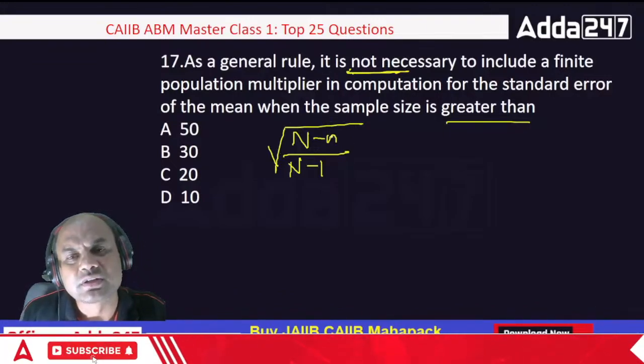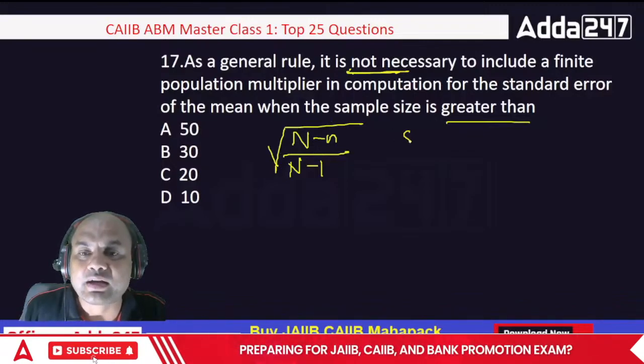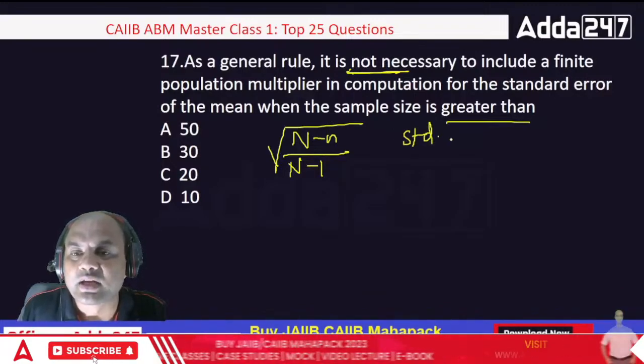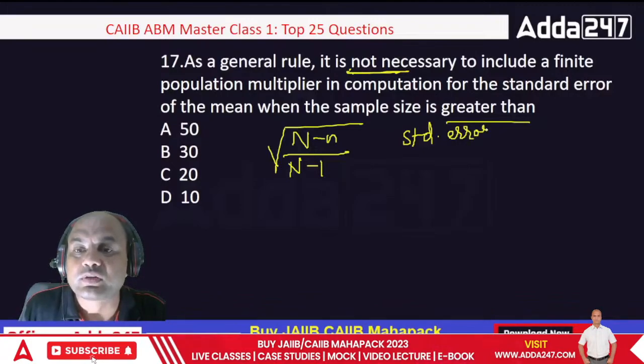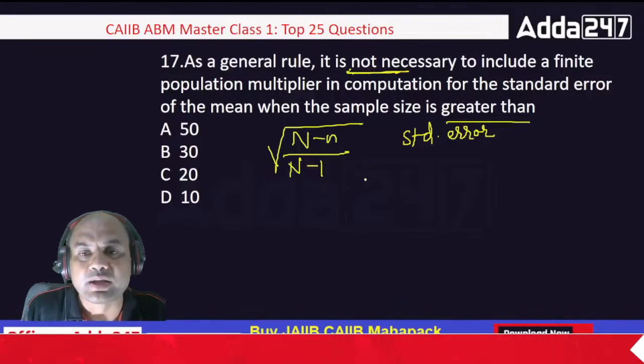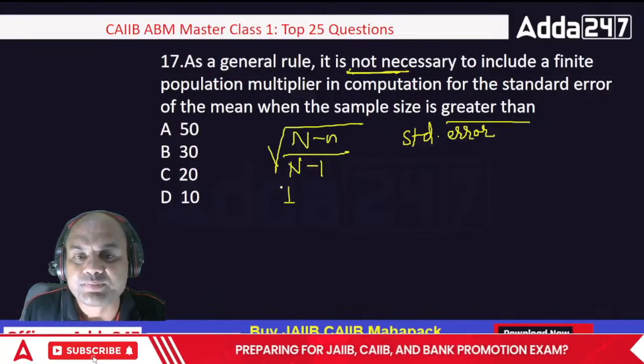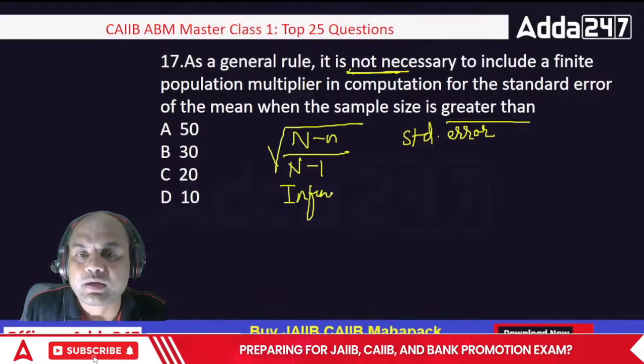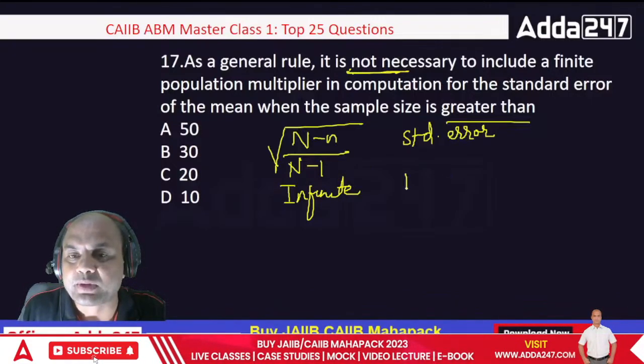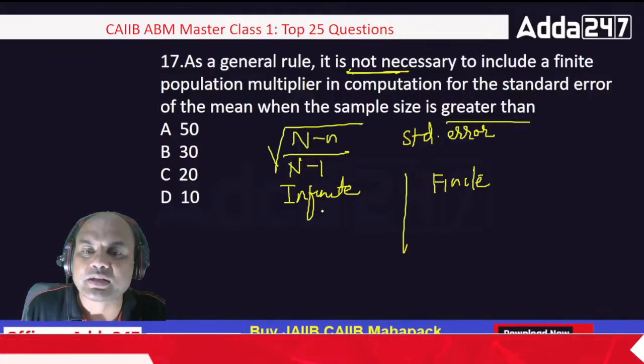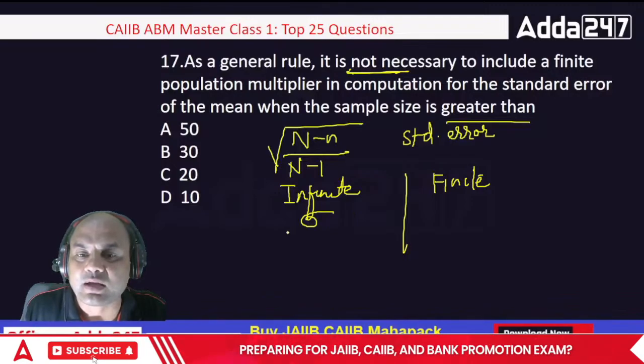And where do we use this? We use this to find out standard error. There are two formulas for standard error: one for infinite population and the second for finite population. For infinite population, it is sigma, the standard deviation, upon root of n.